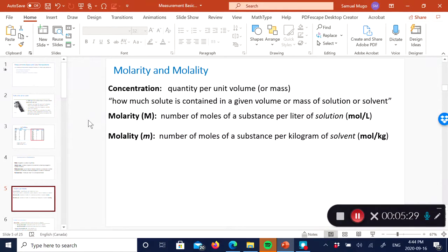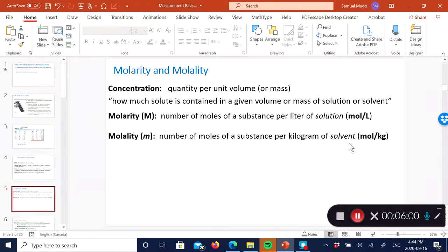Another term that may not be very familiar to most of us is what they call molality, with a small m as a symbol. In this case, you've got the number of moles of the chemical entity, but instead of liters, now you use kilogram of the solvent. So it's the number of moles divided by the kilogram of the solvent used to make that solution.